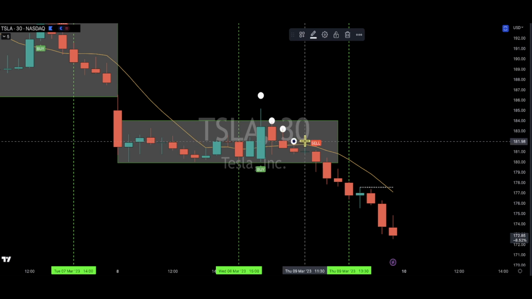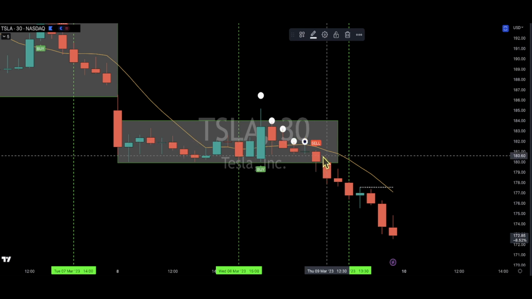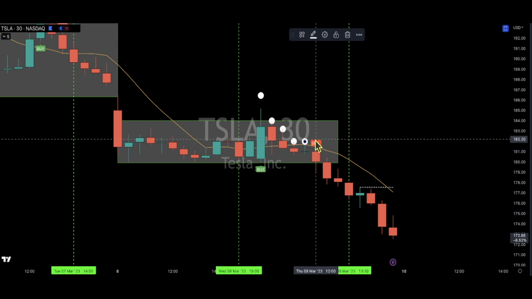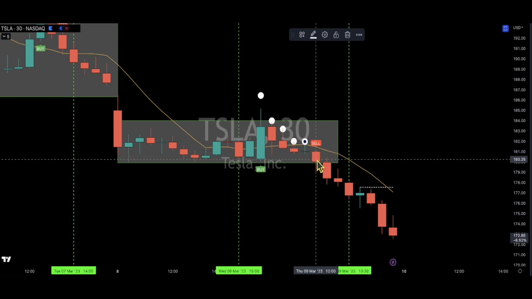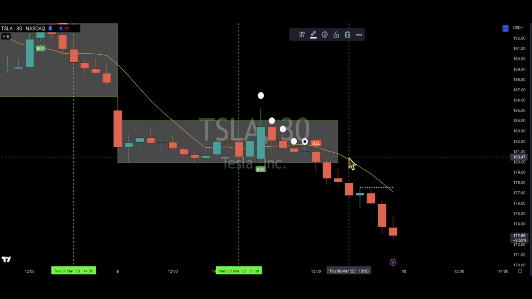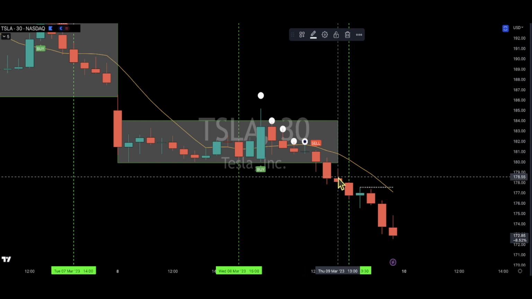And remember the rule, I need three things. I need my sell signal, which happened here, I need the candle to close under the 9, which it did, but I didn't have MACD crossing, which is right here. Now, if you get into the trade before that, you're breaking the rules.